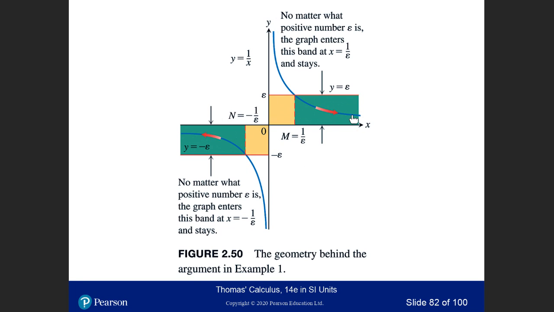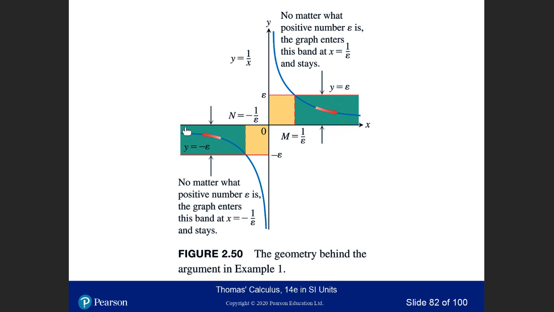And as you can see, if I move further, this will get closer and it will get arbitrarily close to 0. Now on this side, if I choose n as minus 1 over epsilon, that shows this minus epsilon. That's given. So if I move further left here, it will become more and more close to 0.